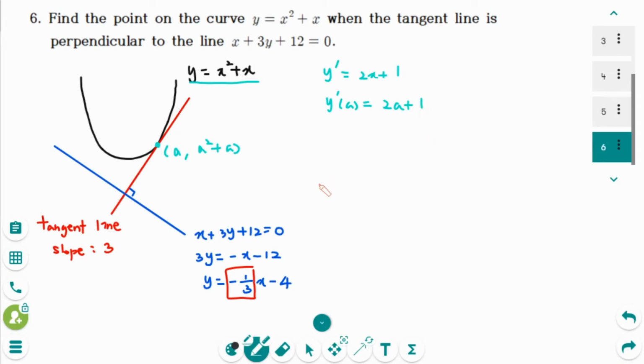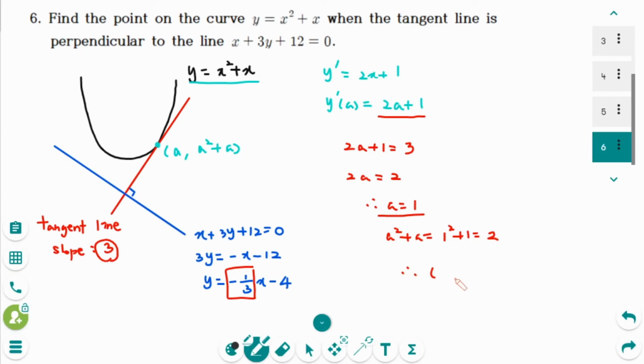The slope of the tangent line is 3, so 2a plus 1 equals 3. 2a equals 2, therefore a equals 1. Then the y value a squared plus a equals 1 squared plus 1, which is 2. Therefore the point is (1, 2).